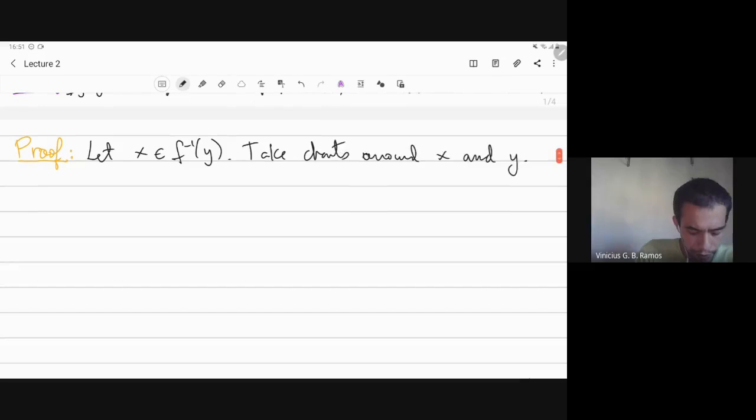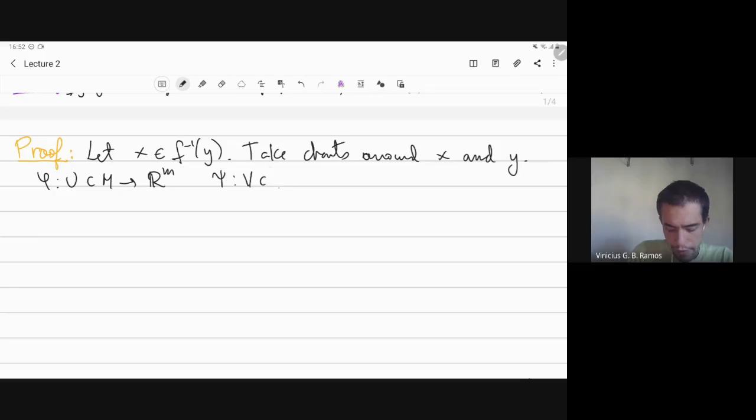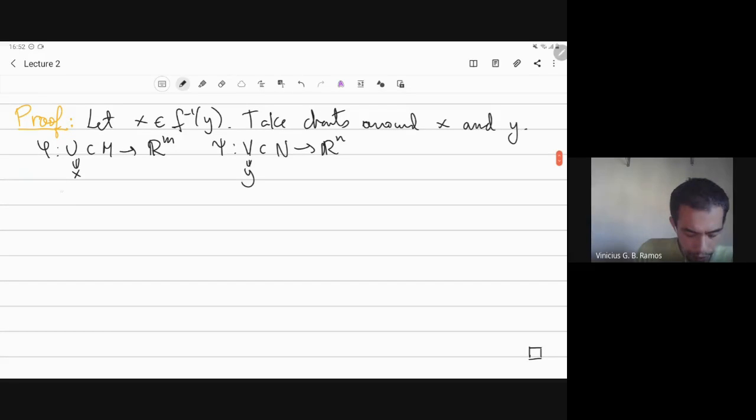I'm going to call these charts phi from U to R^m, where m is the dimension of M, and psi from V to R^n. So my x is in U, and my y is in V. Okay? And then now I can look at psi composed with f composed with phi inverse, and that's going to be a map from some U tilde in R^m to R^n.